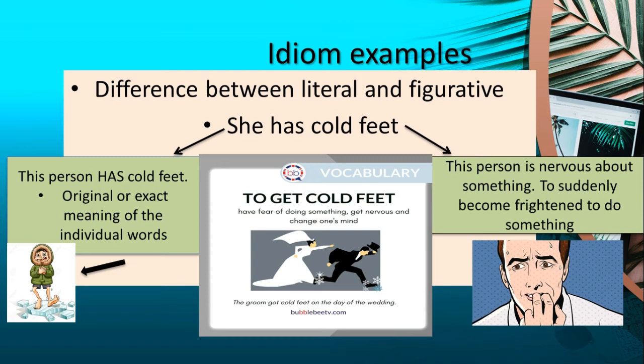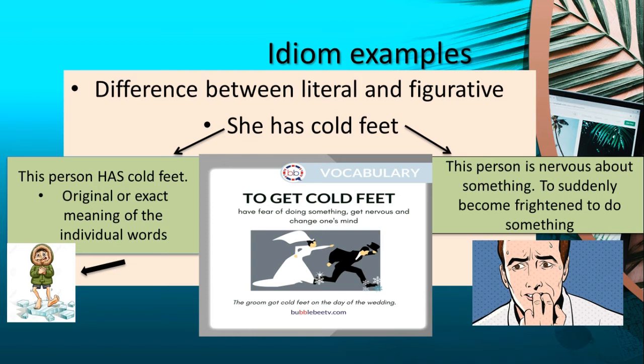Let's grab the example in the middle picture. The groom, by the way, is the husband. So at a wedding, we have the bride, which is the one about to get married, who wears the white dress, and the husband, called the groom.